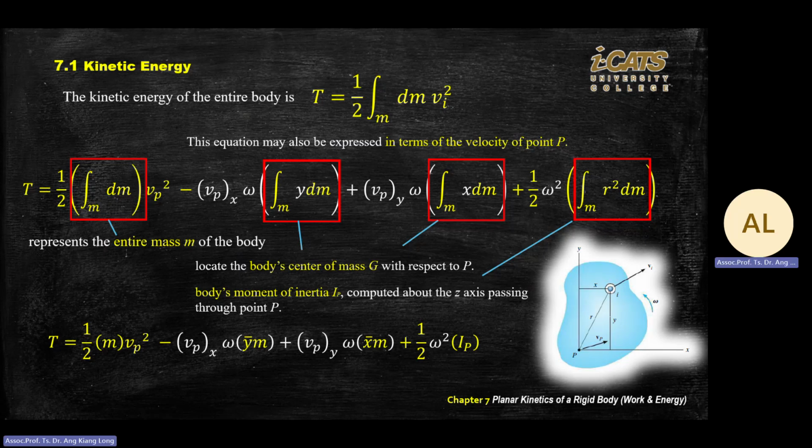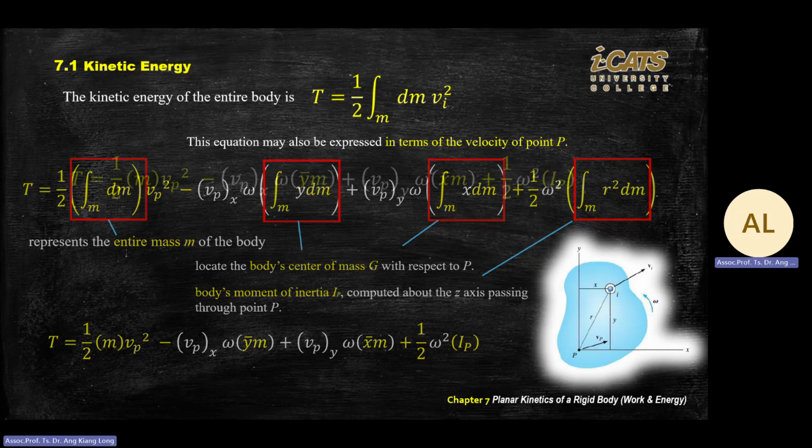Then Vpy multiply omega x bar m. And the last one is the moment of inertia, half omega squared IP. Either you memorize the first form or the second one, but again, this will be given in the test if this question comes up.